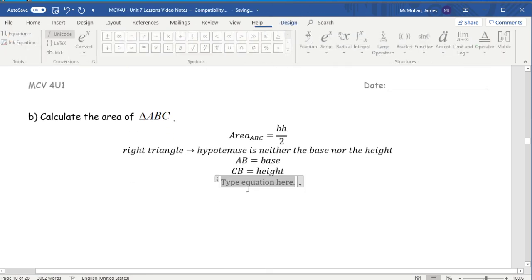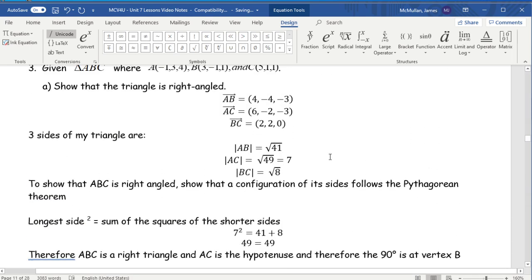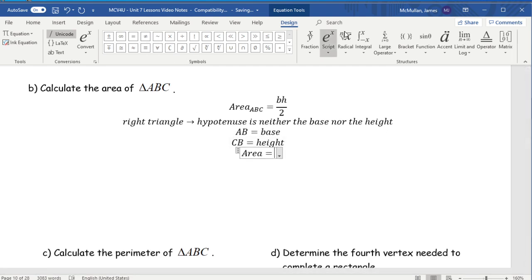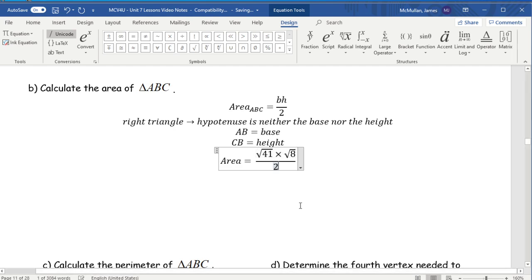So how do you do this? The area would be equal to the base, which is, in my picture, root 41. So I'm going to do square root 41 times square root 8, and all of this divided by 2.